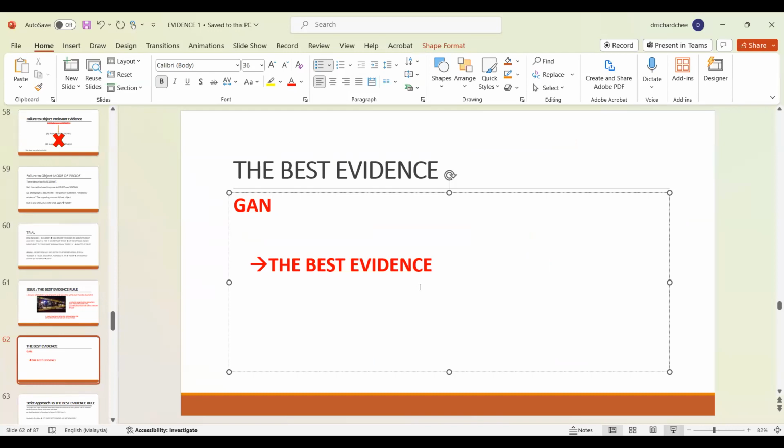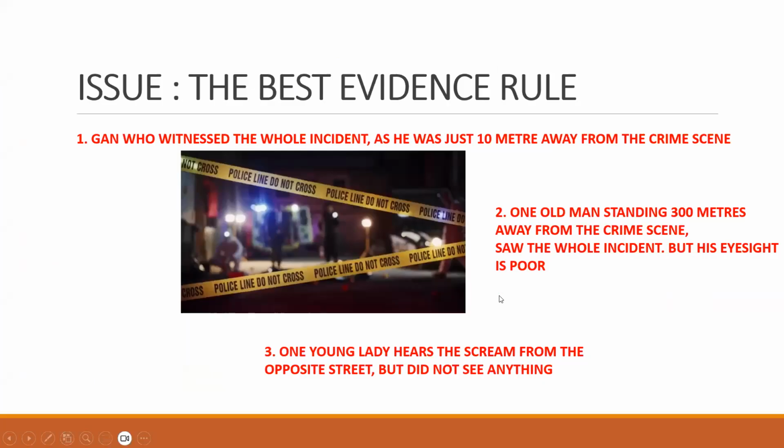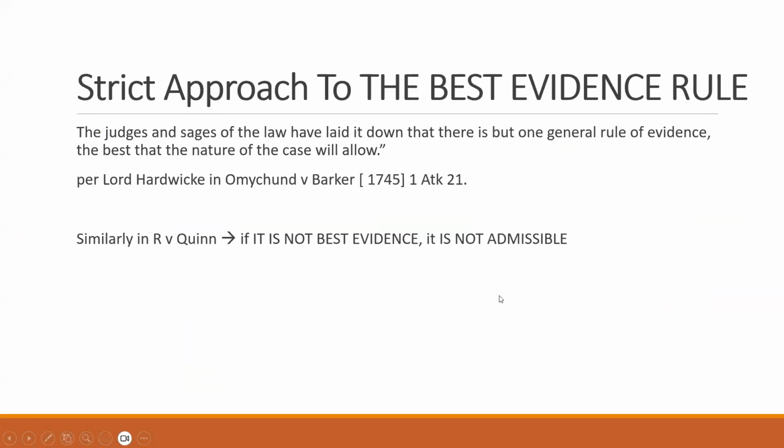Can you get what I mean? Not the old man, not the young lady. So the strict approach, the debatable issue about this strict best evidence rule, will be, let's say Gun refused to cooperate. He refused to come to court. He refused whatever. Whenever the trial, he tried to run overseas, etc. Can we call the old man?